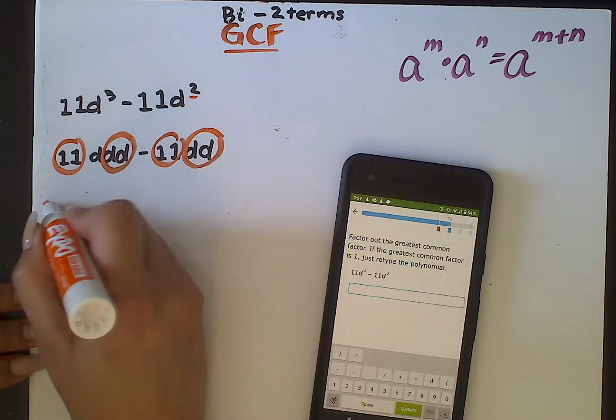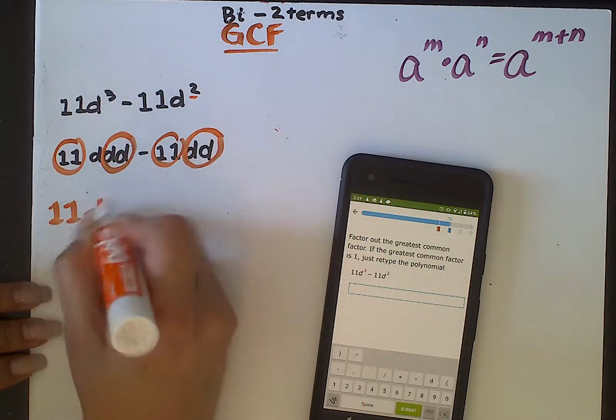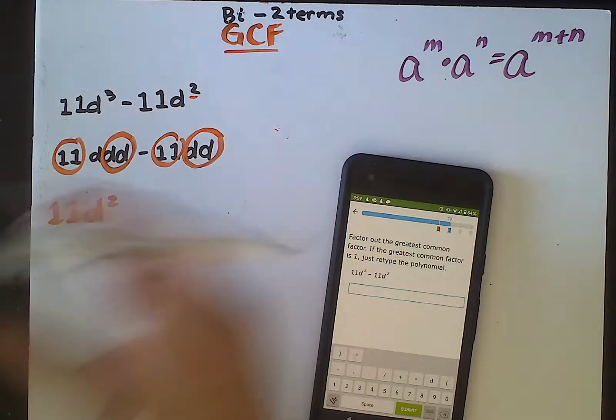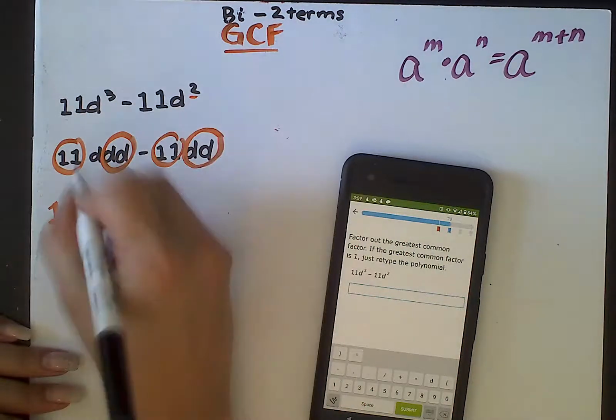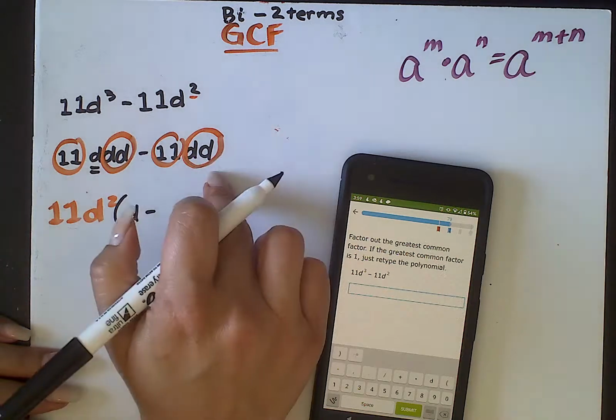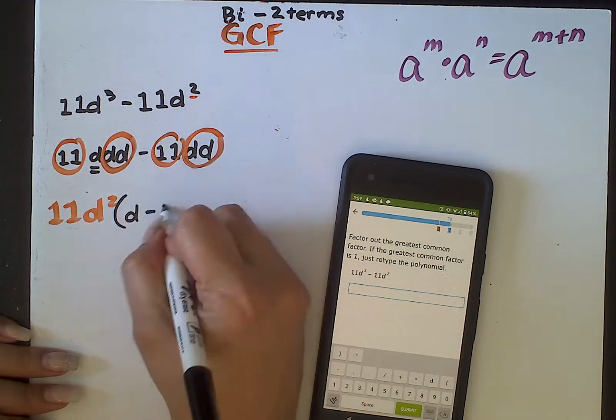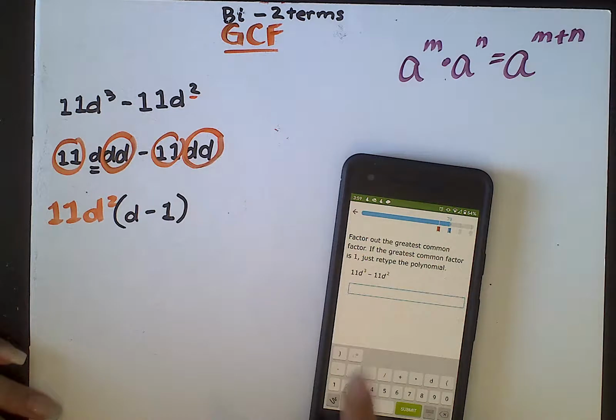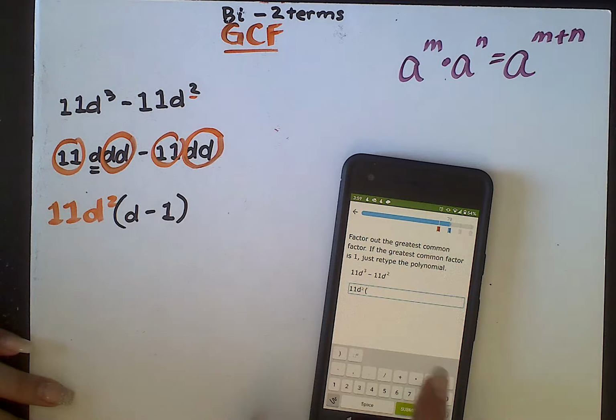So my GCF is 11d squared, and my binomial inside should be d minus, everything is circled, so I put a 1 here. So you can finish that up real quick so I can get to your question. 1 times d minus 1.